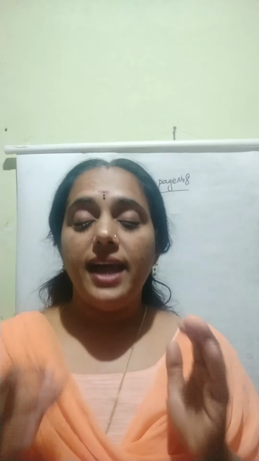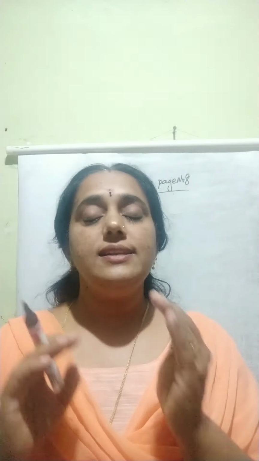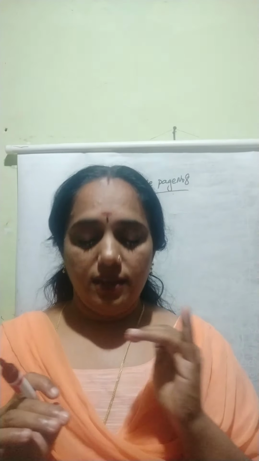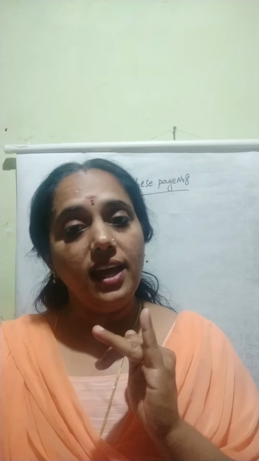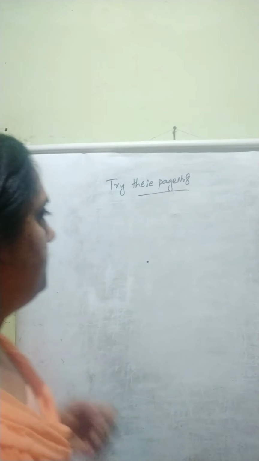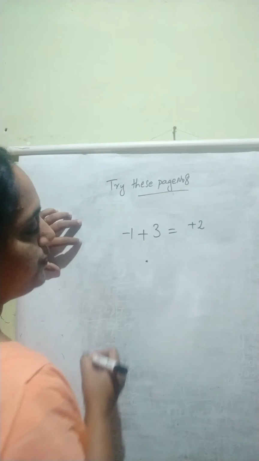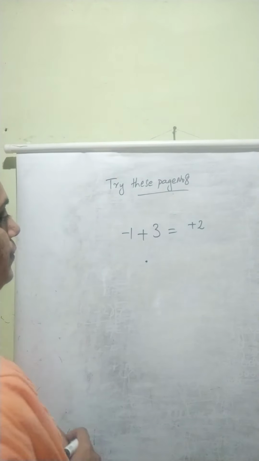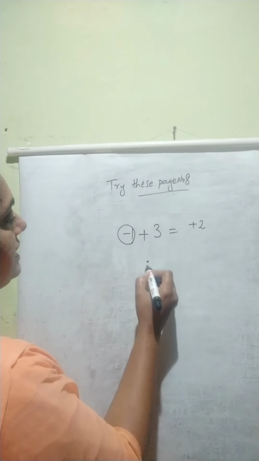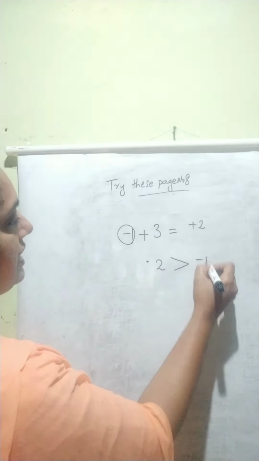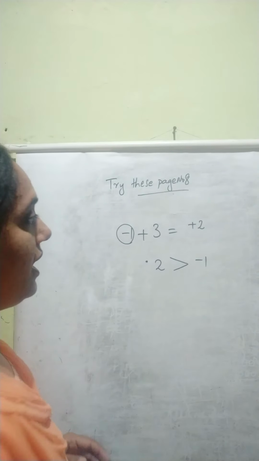Next question. An integer smaller than only one of the integers. That means when we are adding two integers, we will get an answer. That answer will be greater than one of the integers and smaller than the other integer. Example, negative 1 plus 3. Answer is positive 2. Then we know 2 is greater than negative 1.